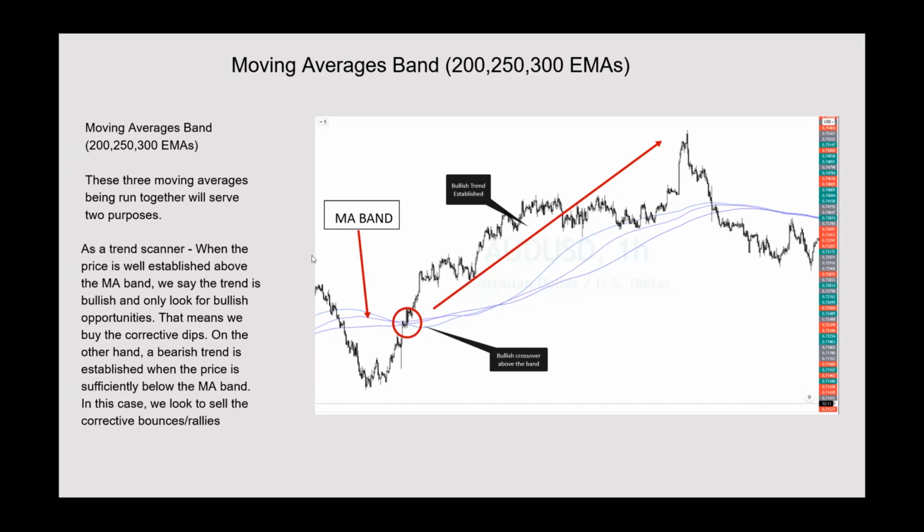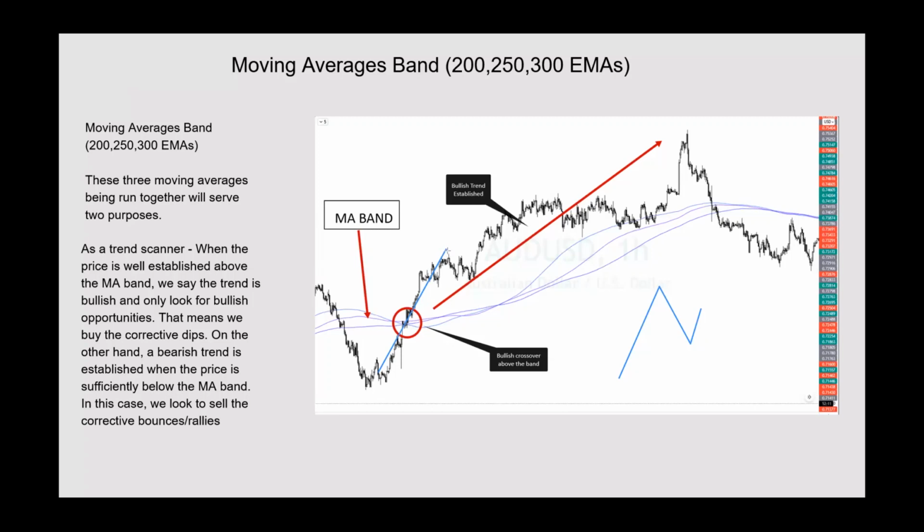Now the second thing is, when price breaks out of the trend like this, it's an established trend. And when we're in a trend, we look for a correction so that we can buy. So after price breaks above the band, we say we're in an uptrend.